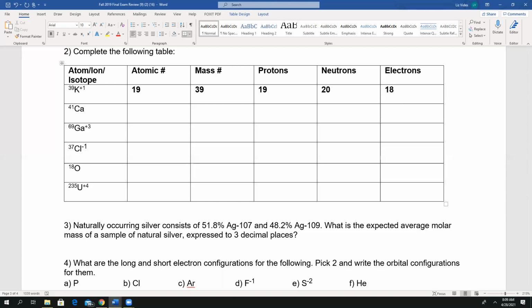Let me write that down up there because that'll help you look at that the way it's supposed to be. Those two are the same.